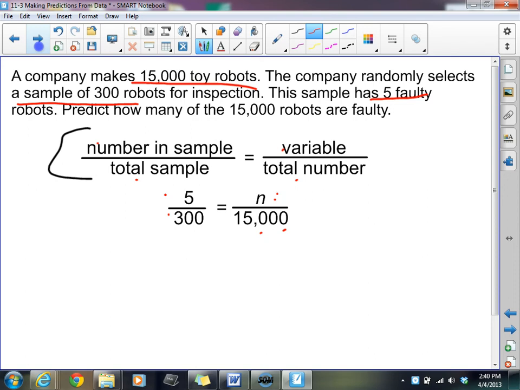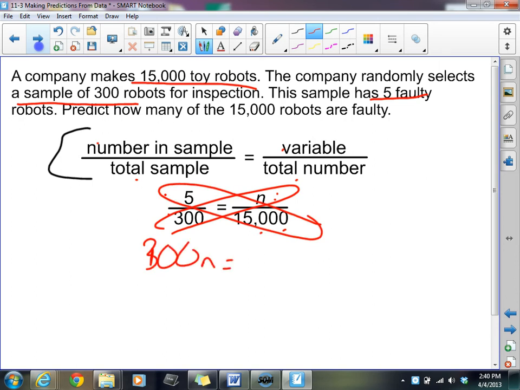All right, so remember my goal is to get my n by itself. The way I do that, I can cross multiply. So 300n is going to equal 5 times 15,000. So all I'm going to do is multiply 5 times 15,000, which is 75,000.